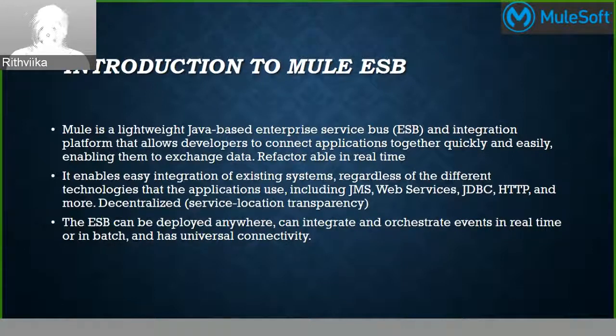In RAML, we have the request, the response, as well as the type of verb that we are going to use, either get method, put method, or post method. So we have the entire structure of the REST API. This entire structure will be developed by using RAML only.